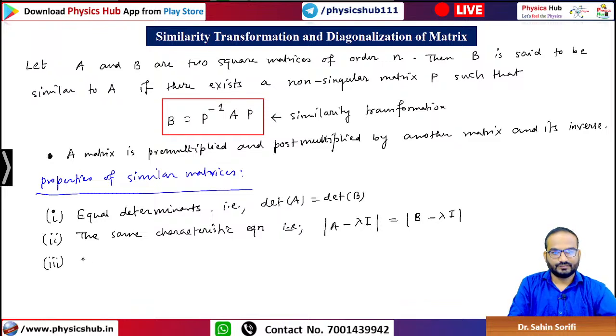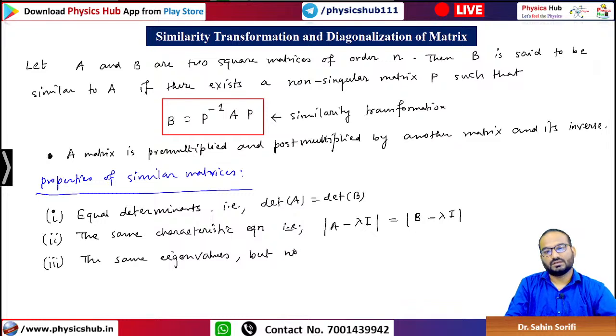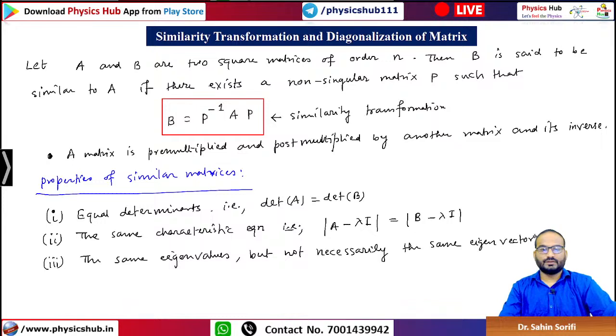Third, the same eigenvalues. They will have the same eigenvalues, but not necessarily the same eigenvectors. So same eigenvalues means trace will be the same.